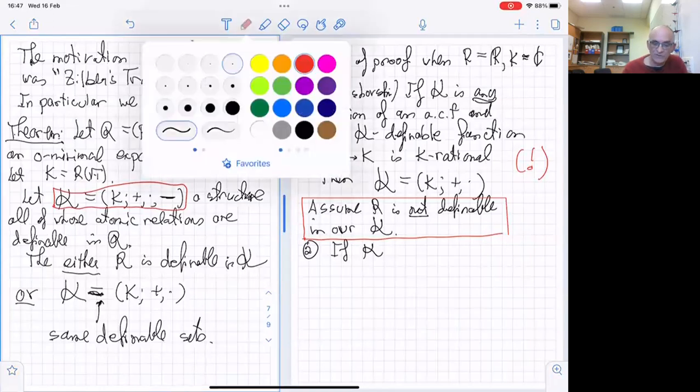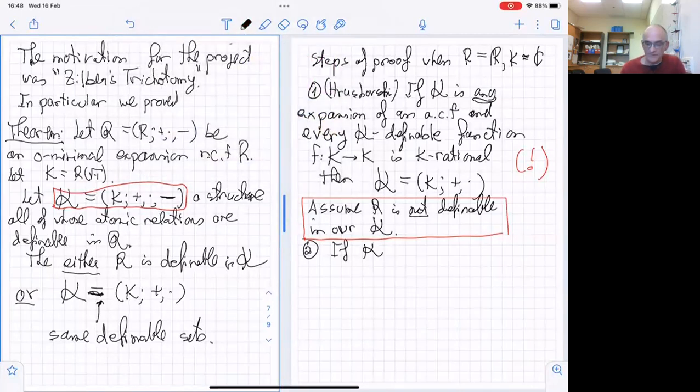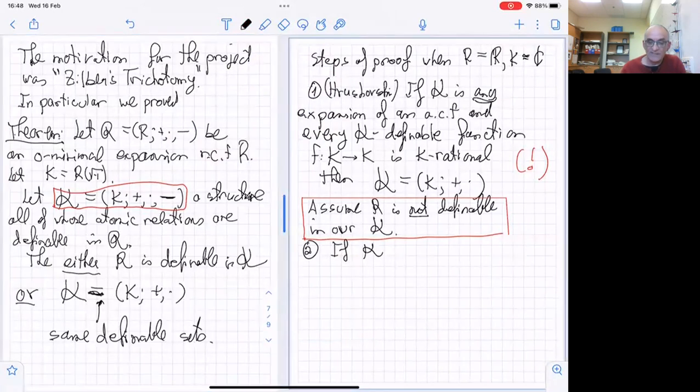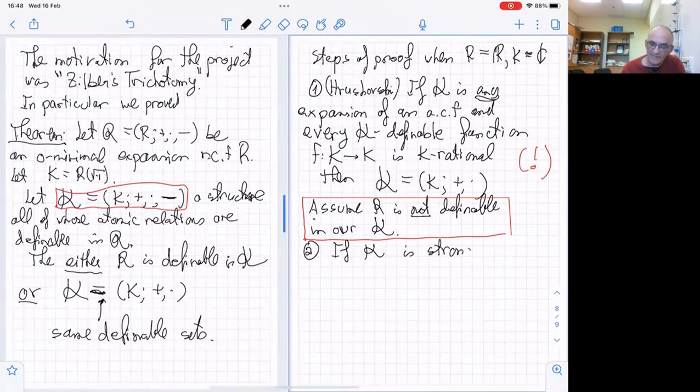If we knew that K is strongly minimal, and strongly minimal says, if you don't know, that every definable subset of K is finite or cofinite, and the same is true in every elementary equivalent structure.